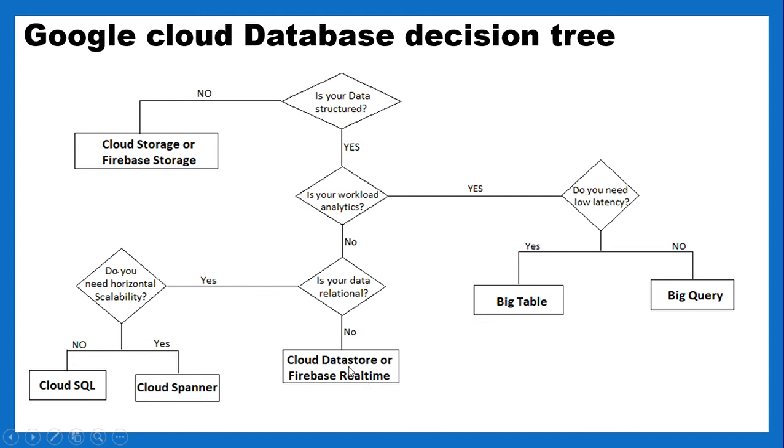If your data is relational and you need horizontal scalability, meaning your data is more than 30 TB and will grow in future, then you will use Cloud Spanner. If you don't need horizontal scalability, your data is less than 30 TB and you need a relational database service, then you can use Cloud SQL. In this way, we can decide which database should be used on Google Cloud Platform.